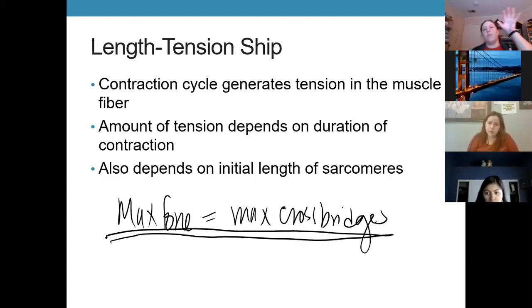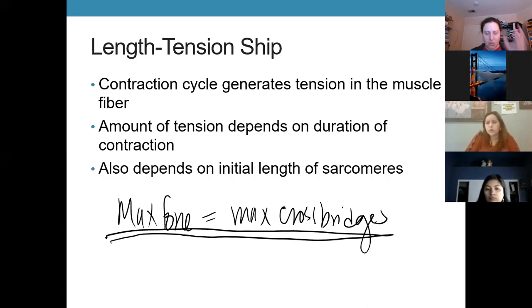In order to maximize the number of cross bridges that are formed when you start contracting, you want to have all of your myosins and actins overlapped at the beginning, but you don't want them to be too far overlapped because you'll run out of sliding room. And if they're too far apart, then you don't have enough overlap at the beginning to really generate any tension.